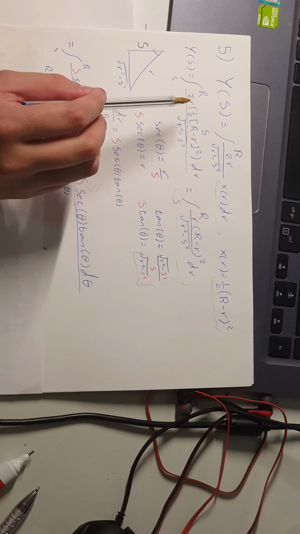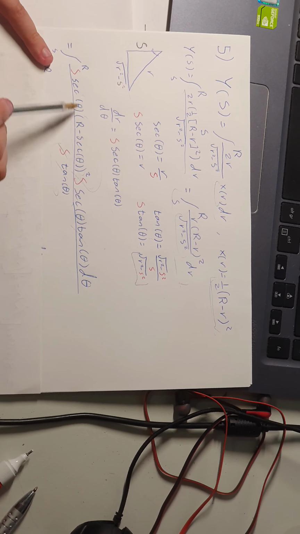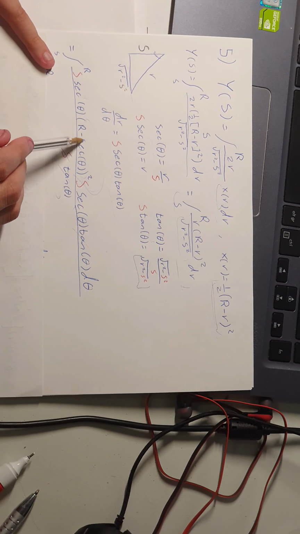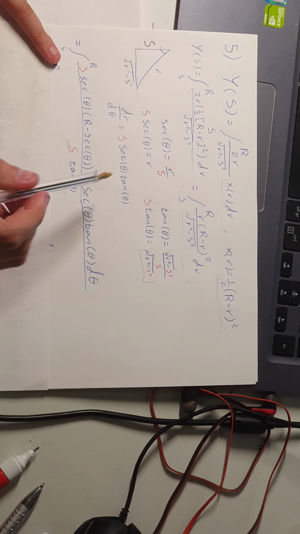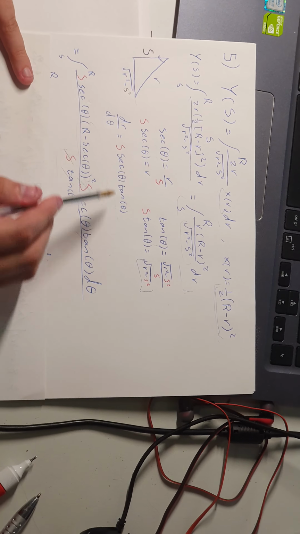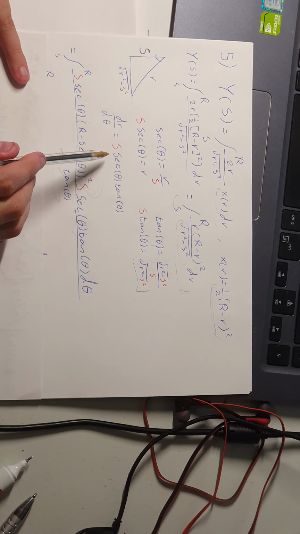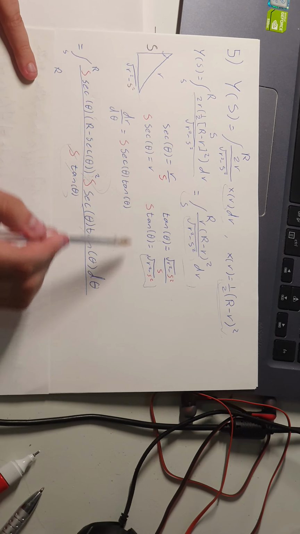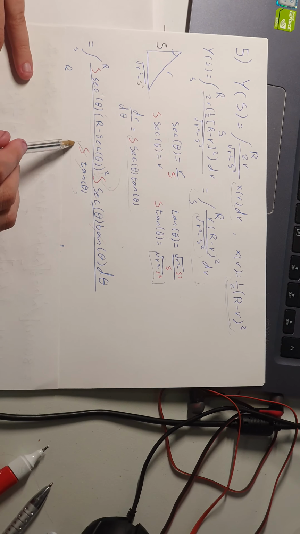So where we had an r, we're gonna have now an s secant, and where we had an r minus s, we're gonna have now another secant, and where we had the dr, we are going to have our secant tangent, the angle.